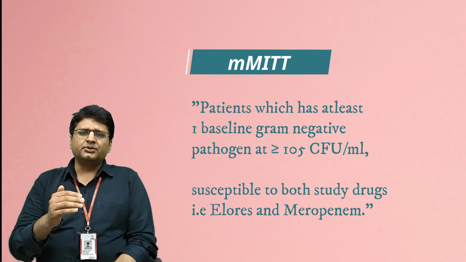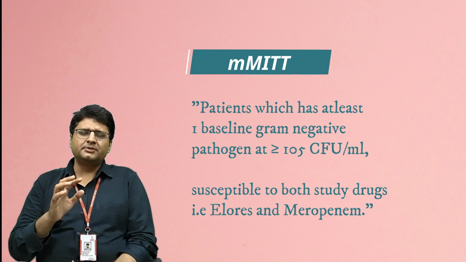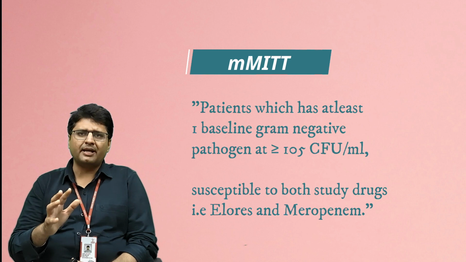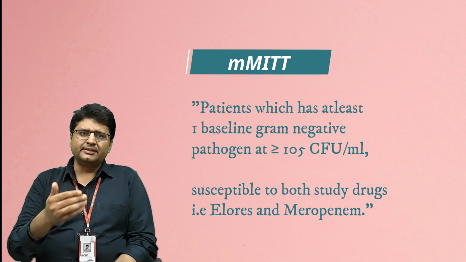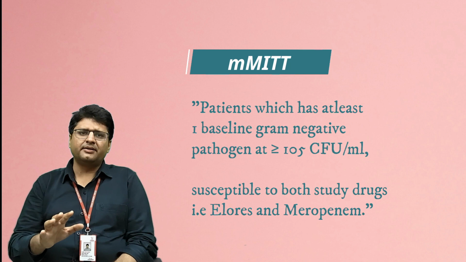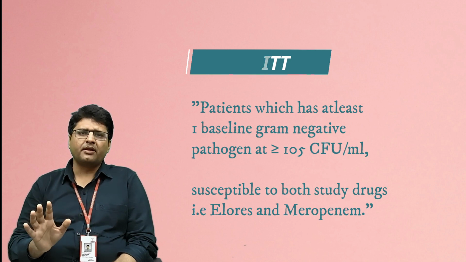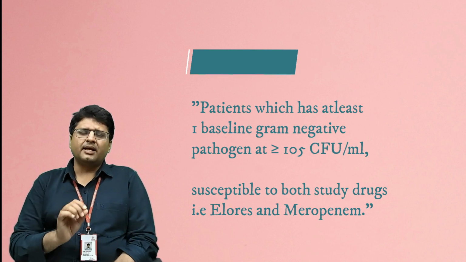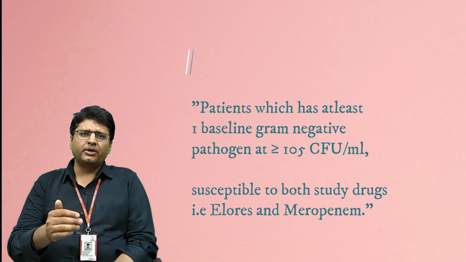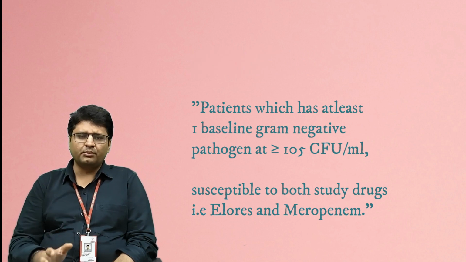So if at least a single pathogen is present at a strength of 10 raised to power 5 CFUs per ml, and it is susceptible to both of the studied drugs, that is Elores and meropenem, then the patient falls in the MMITT category, the microbiologically modified intention to treat population.